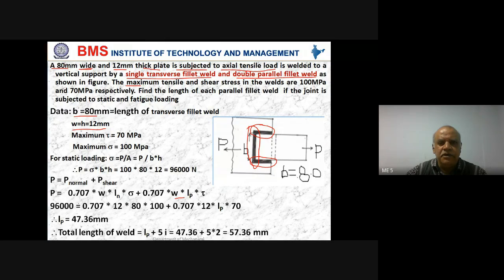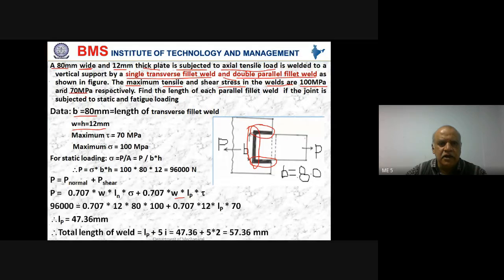The maximum tensile stress, because the transverse weld is subjected to tensile stress, and shear stress in the welds are 100 megapascal and 70 megapascal respectively.